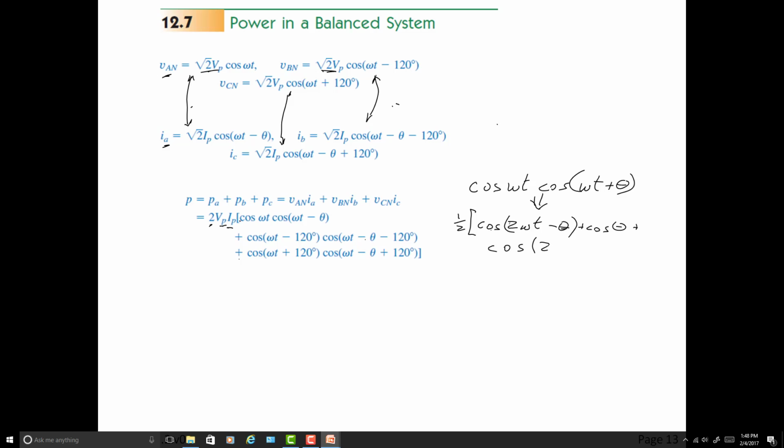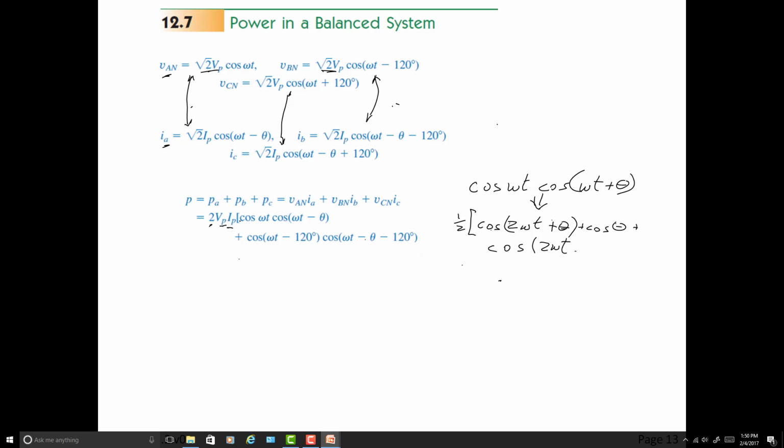2 omega t, I've got to be careful here. So it's the cosine 2 omega t, I've got to do this plus theta, and then cosine of omega t minus omega t minus theta.